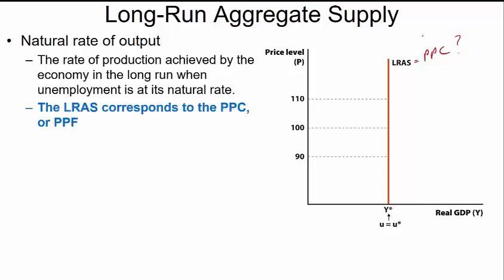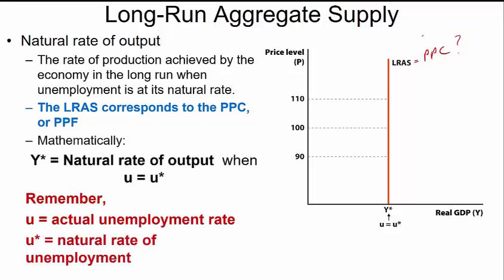Mathematically, Y star refers to the natural rate of output, and that exists when the unemployment rate is equal to the natural rate of unemployment. So we would not be at the long run aggregate supply curve if our unemployment rate was above, say, 5 or 6%. If it was 10%, we would not be on the long run aggregate supply curve. That's still our potential, but for whatever reason we wouldn't be there at that time.